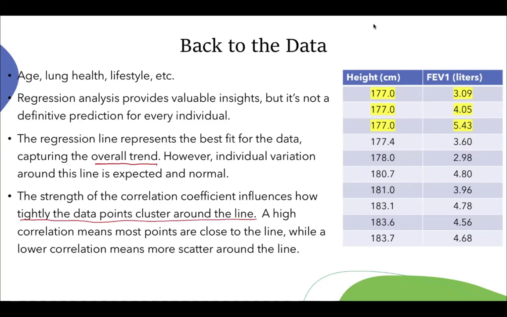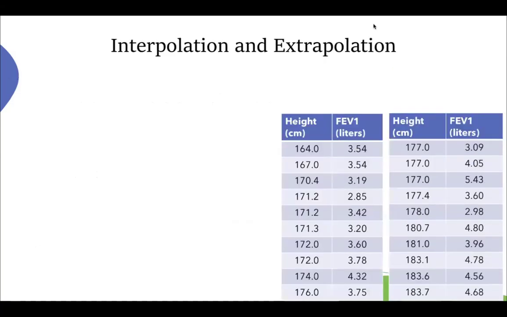So we know from the R value, a high correlation means points are close to the line, while a lower correlation means they are more scattered around the line. Close to +1 or close to -1 would mean tightly clustered points around the line. Lower correlation would be around 0, which would be a greater scattering around the line.